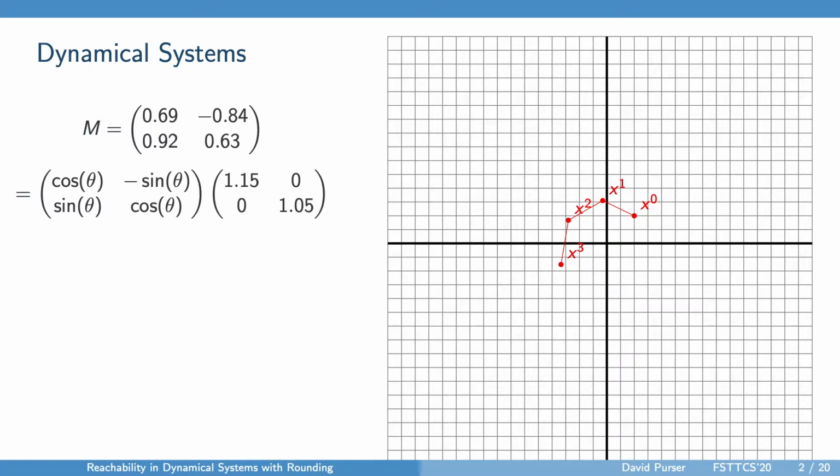The 2D dynamical system shown here is partly a rotation and partly some scalar. This means that in each step we rotate about the centre coordinate by some angle, and then we scale in the x-coordinate by 1.15 and then the y-coordinate by 1.05. And you see that this starts to define an expanding spiral.